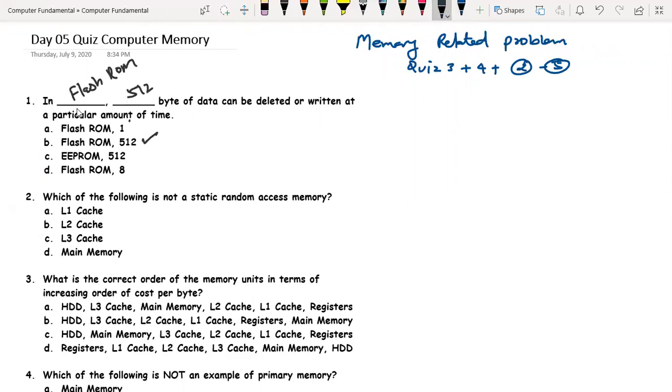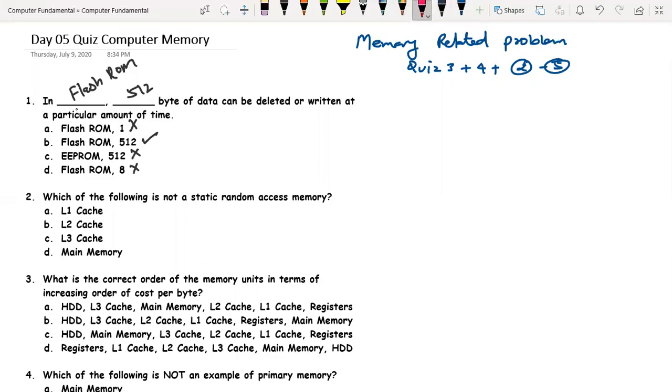This option is wrong because flash ROM supports 512 bytes, not 1 byte. 1 byte is supported by EEPROM. Therefore, this option is also wrong and the other is also wrong.